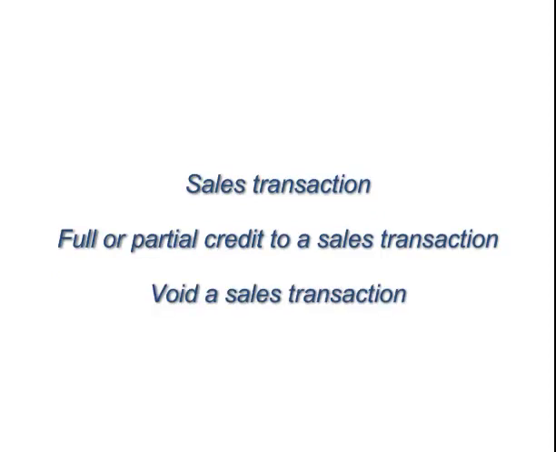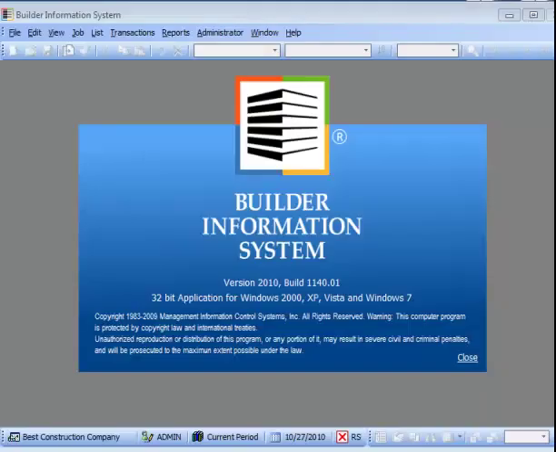A void can be attempted to fully reverse a sales transaction. Voiding a transaction is usually only allowed for a brief period of time after a sale is recorded. If void is no longer possible, a full or partial credit can be used to reverse a sales transaction.